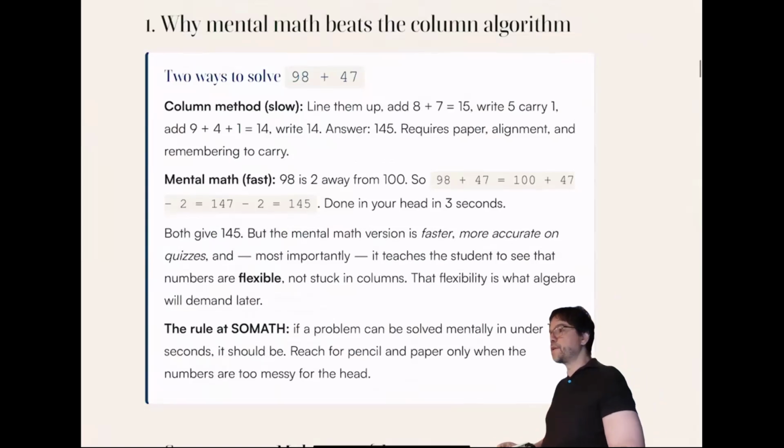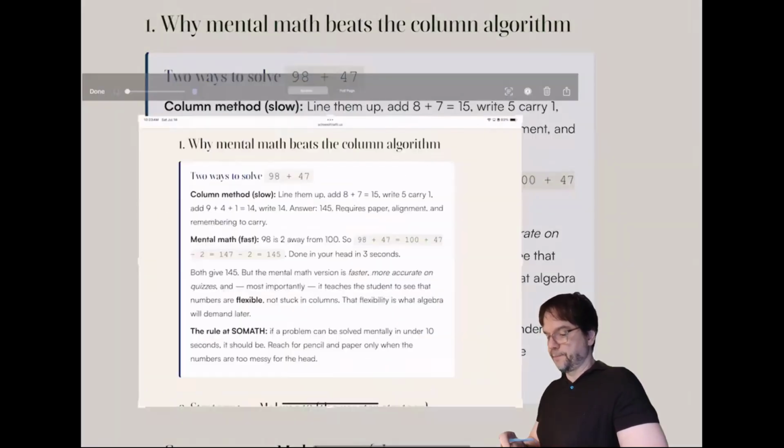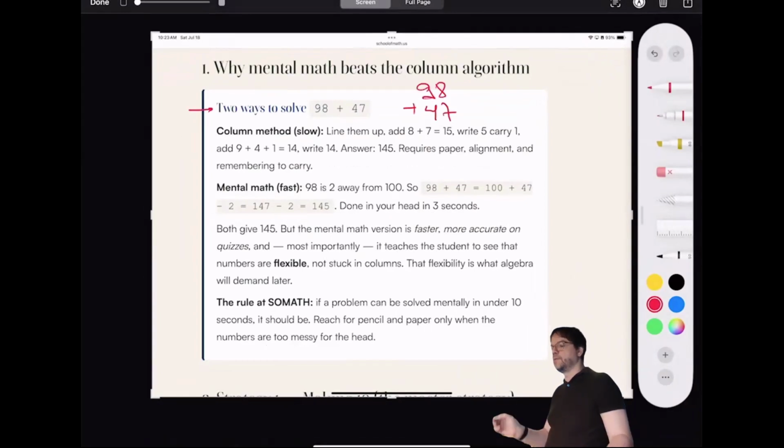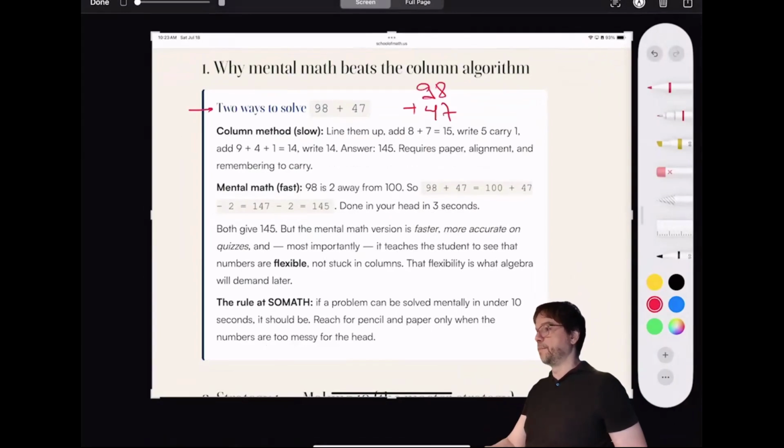Let's see the first technique. Let's try to do it together. Two ways to solve 98 plus 47. To start, I would like you to write it down, 98 plus 47, please. Could you do the operation for me?